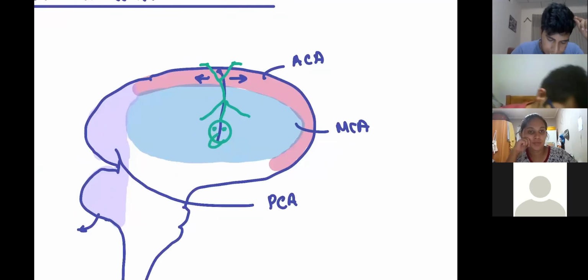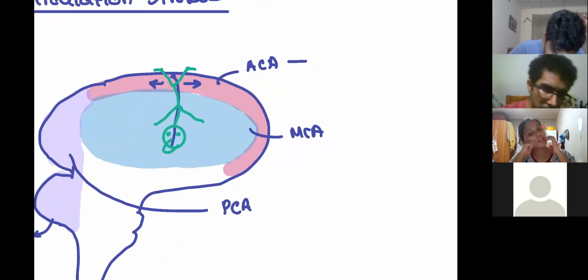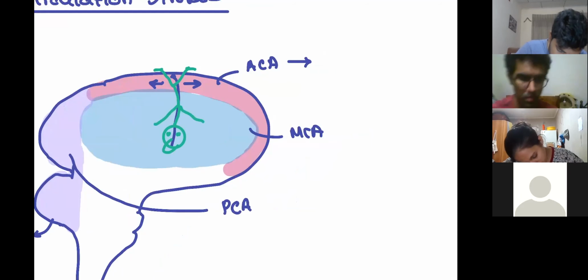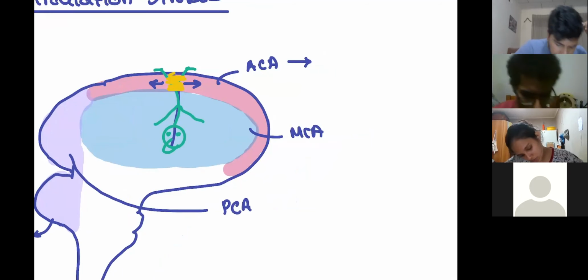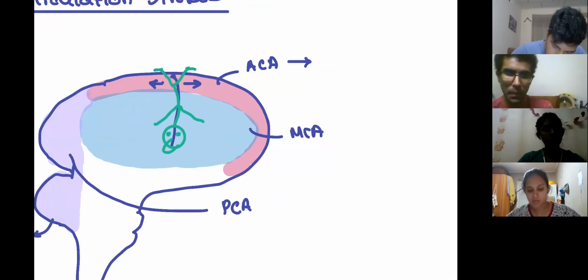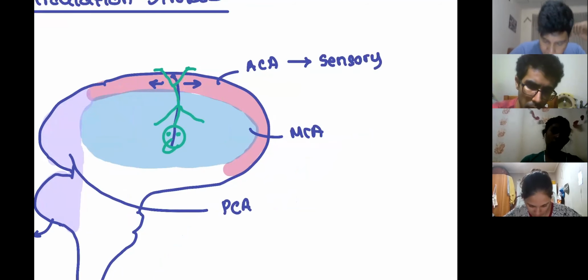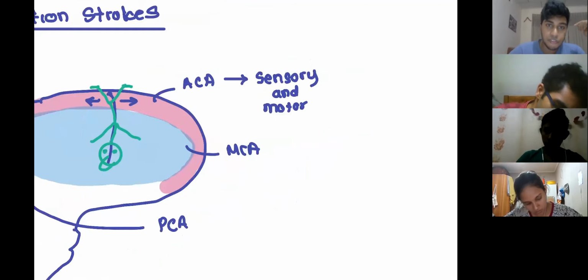So in this case, if there is damage to the anterior cerebral artery, remember, don't draw this. If there is any damage here, it will affect both sensory and motor of which area?